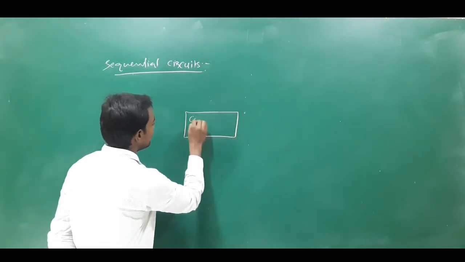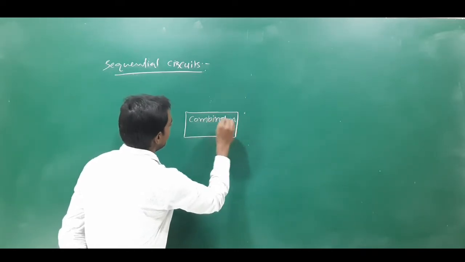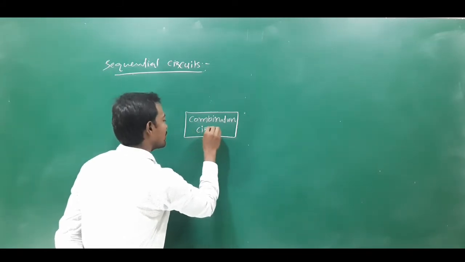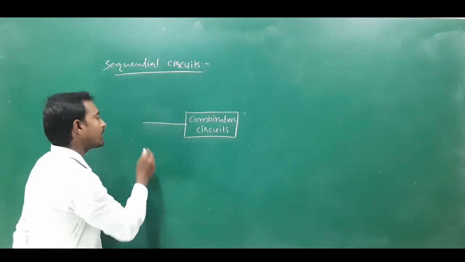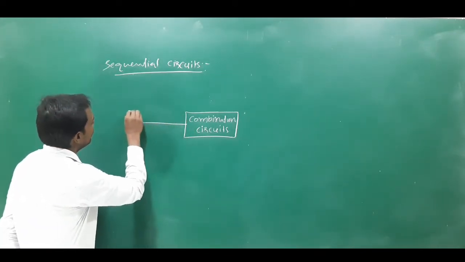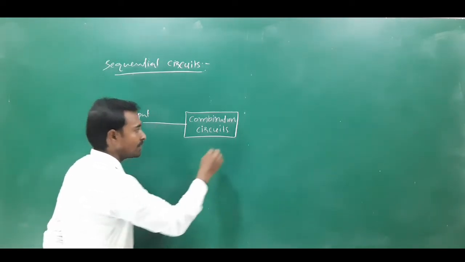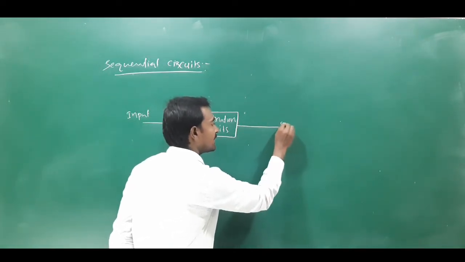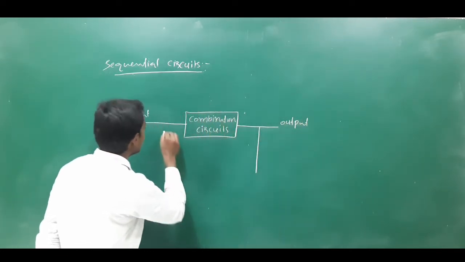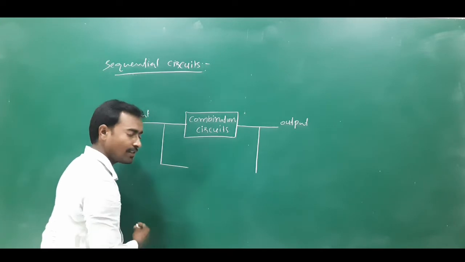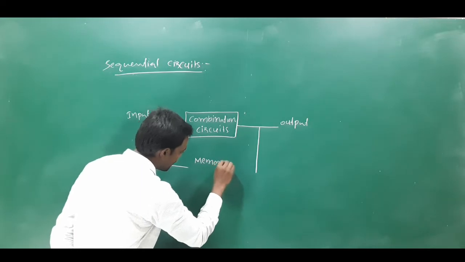Take it as combinational circuits, and here we are giving the input in terms of logic inputs, that is either 0 or 1's combination, and here we are getting the output, and this output is reconnected to the input of the sequential circuit by using the memory element.